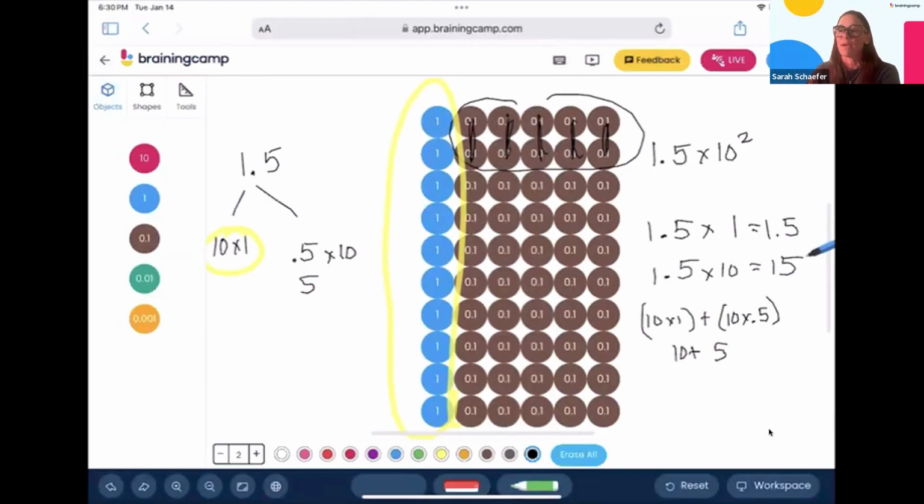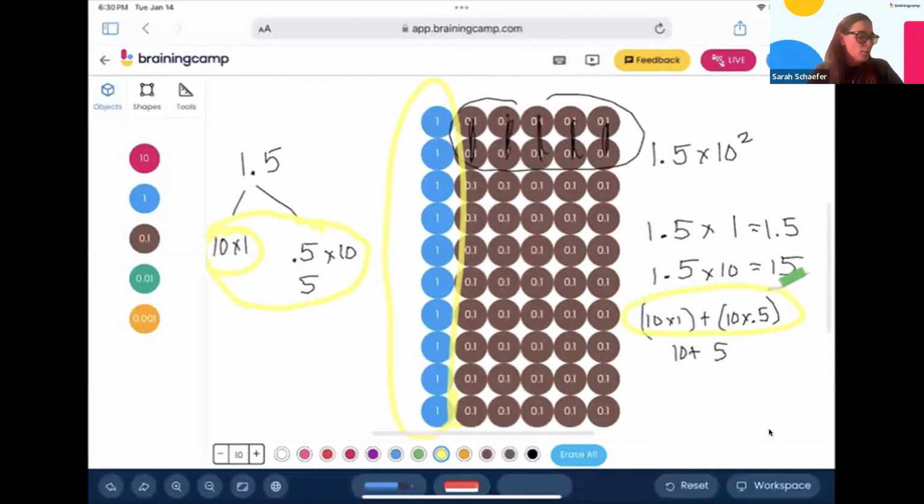So if we think about that grid and decomposing that number, decomposing the number is the distributive property. It's just a childlike way of saying, okay, I'm going to break it apart, multiply them, and then put them back together. So sometimes we use a more childlike way to show that, and maybe sometimes we use a more formal way.